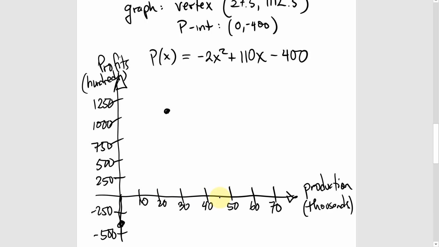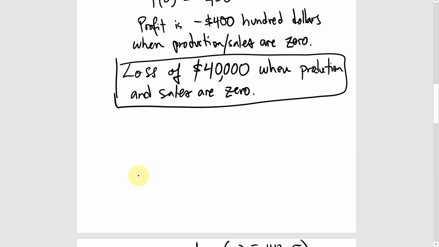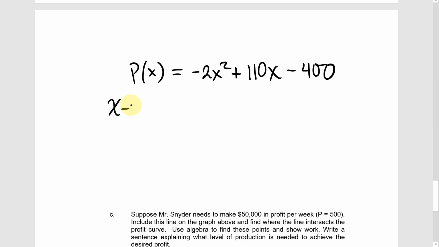So that's a good start, but I will now do the algebra of using the quadratic formula to figure out exactly what those points are, with a very high level of accuracy. So let's do that. What would the x-intercepts be? It's when the profit is 0.